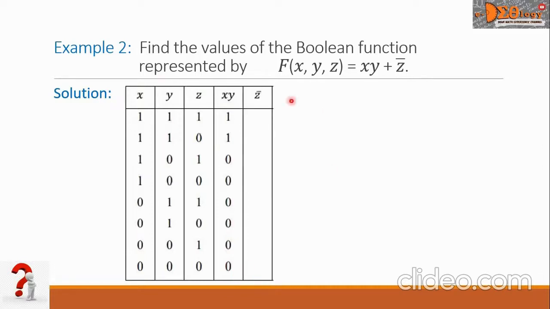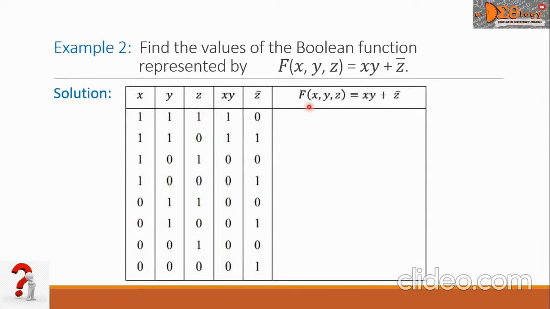Another column for z bar. We're going to complement the z. So 1 becomes 0 and 0 becomes 1 respectively. And on the last column, we can now evaluate our function, the xy plus z bar. So this is the xy column, this is the z bar column.